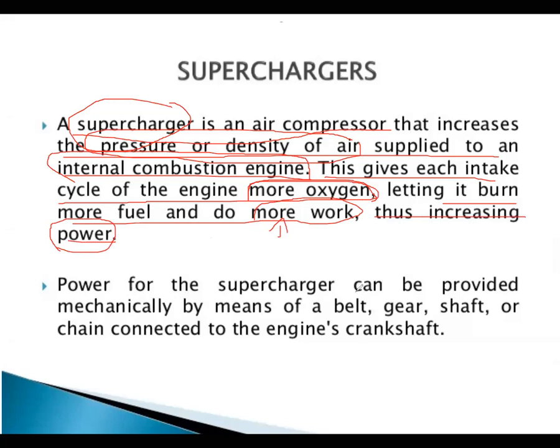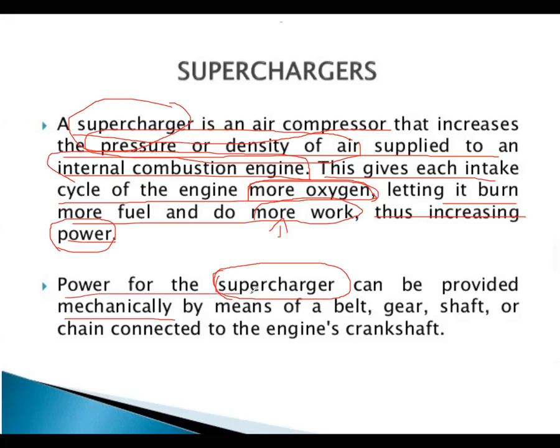Power for the supercharger can be provided mechanically. In order to run the supercharger, we have to take some steps, because only when the supercharger is running can it take in the atmospheric air. Otherwise the supercharger cannot work, and we are unable to get atmospheric air at a high rate.